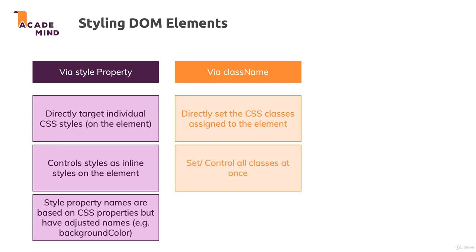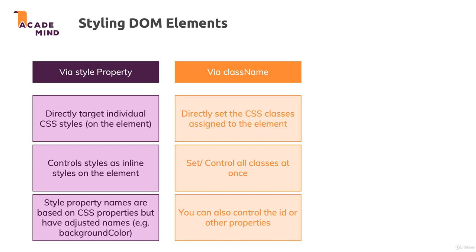With className, you set and control all classes at once. className is a string, and it's a string of all the classes that are added, so you can manipulate that string to manipulate the classes. By the way, you of course alternatively could also change the ID or some other attributes of an element if you're using an ID selector or attribute selectors in your CSS code. But CSS classes are of course the most common way of spreading styles across multiple elements.